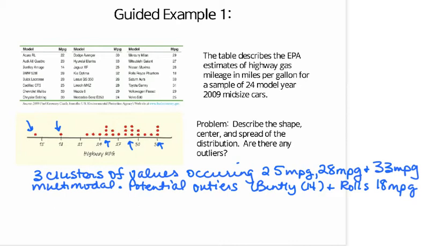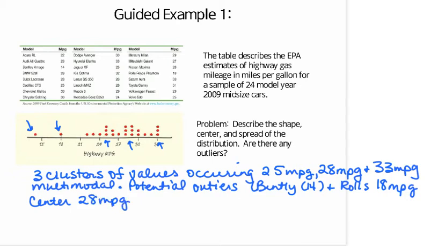Now, if we were going to talk about the center or the median, we would simply just count. So we count 1, 2, we know there's 24, so 1, 2, 3, 4, 5, 6, 7, 8, 10, 11, 12. So you know it's going to be between 12 and 13, which happens to be the same number, which is 28. So we know the center is 28 miles per gallon.